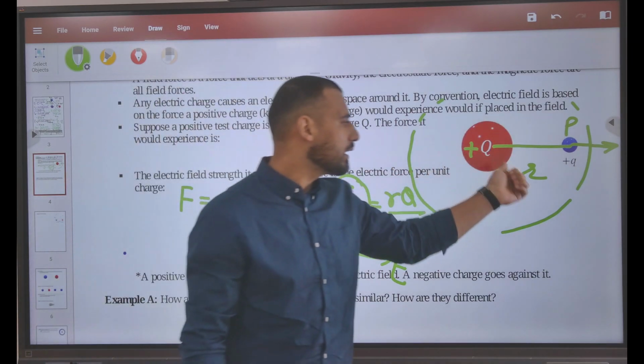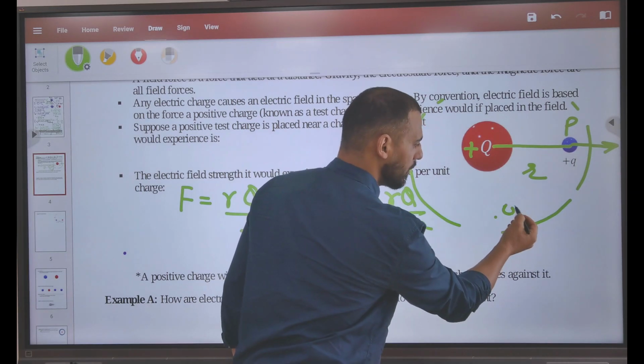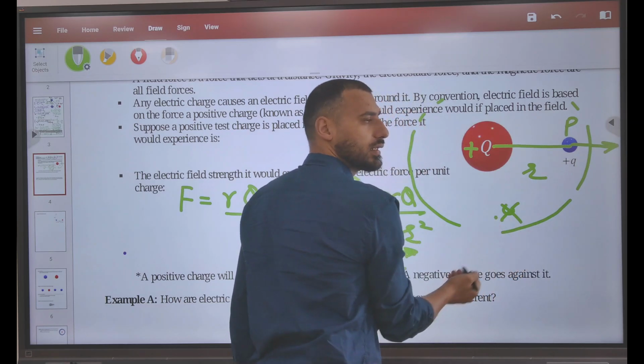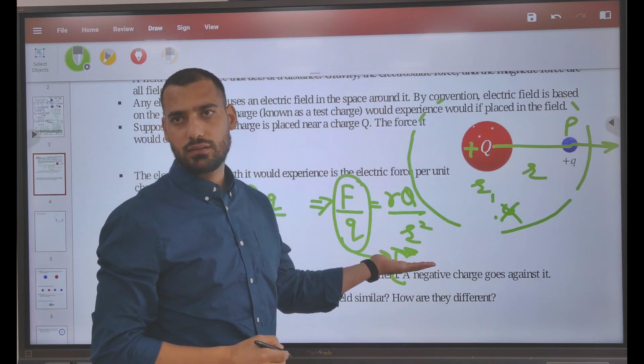If you want to calculate the electric field at another point, say this point is X, find the distance, let the distance be R1. Then use the expression again.